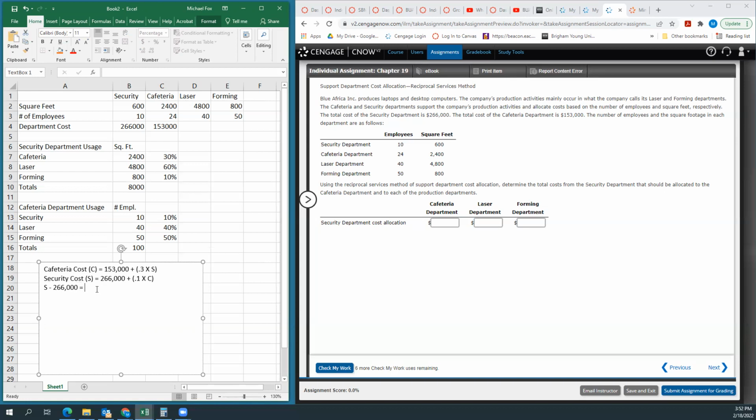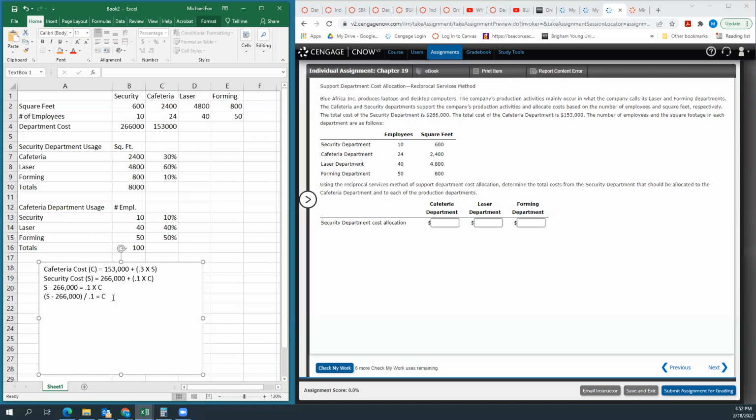So we'll say S minus 266,000 equals 0.1 times C. And then if we want, we could reframe that again by saying S minus 266,000 divided by 0.1 equals C.